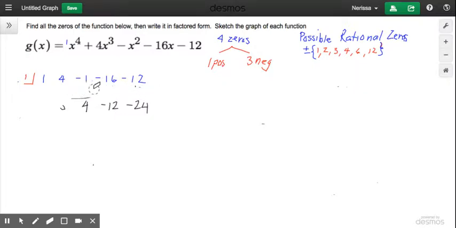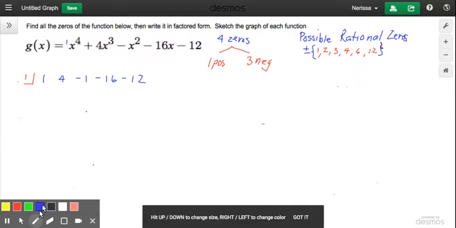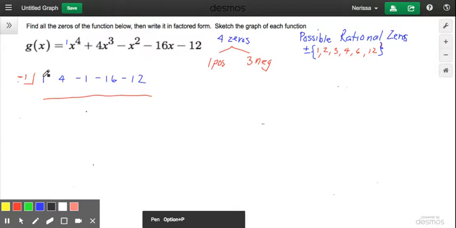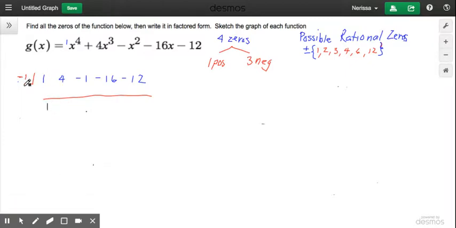We're going to try now the negative of 1. So let's try negative of 1. So make this negative. So again, we bring down 1. 1 times negative 1 is negative 1. 4 plus negative 1 is 3. 3 times negative 1 is negative 3.